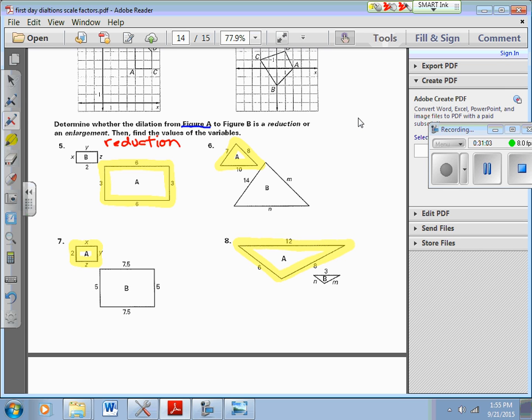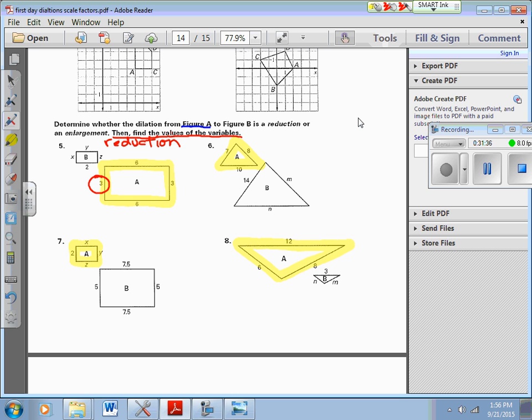The next part is, it says find the values of the variables that are missing. So I want you to remember something. You guys remember when we were first starting this class, when we started doing transformations? Yeah? Do you see which side corresponds to the side that measures 3 on the reduction image? Which side corresponds to the side that measures 3?